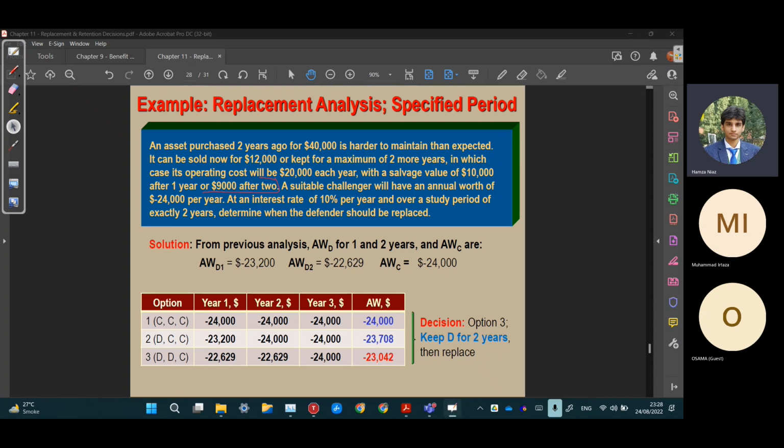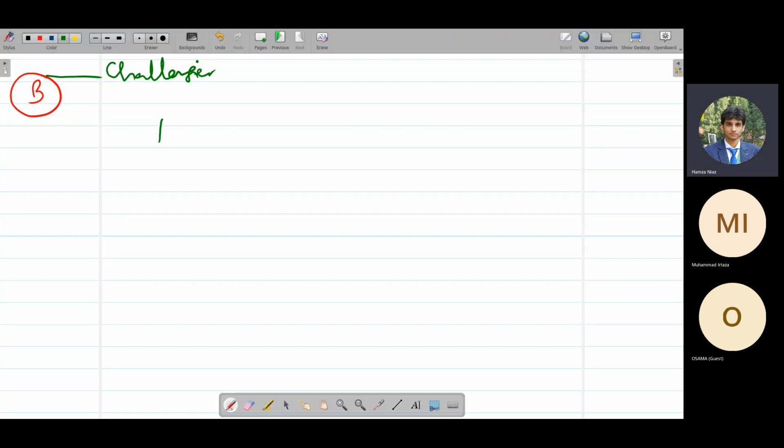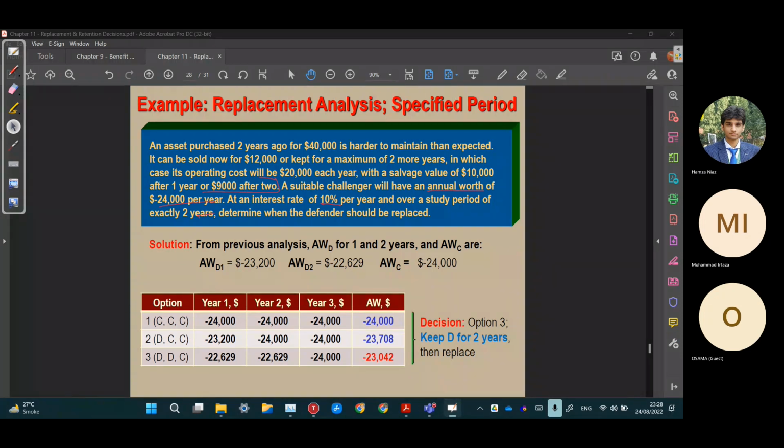So they are saying that a suitable challenger would have an annual operating cost of 24,000 each year, an interest rate of 10%, and a study period of 2 years.